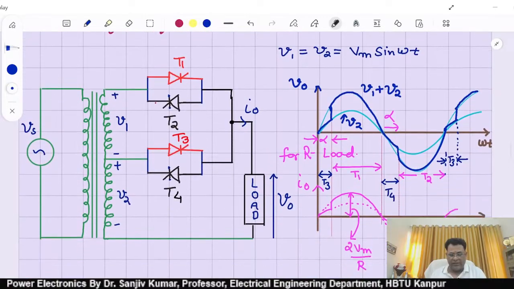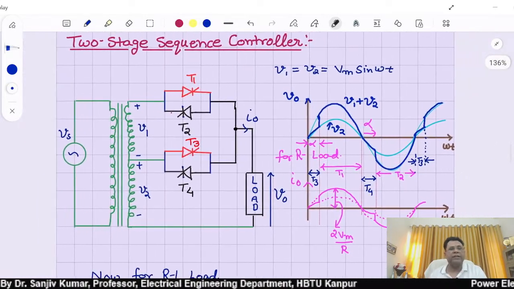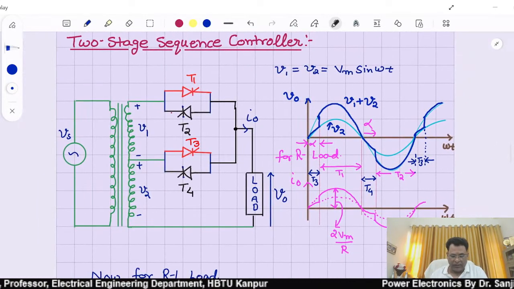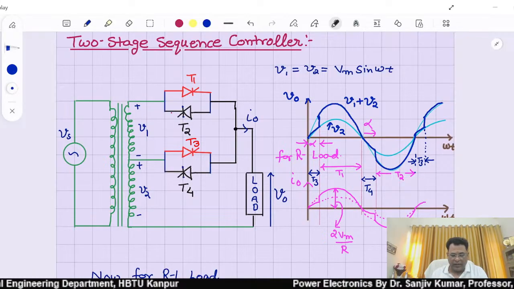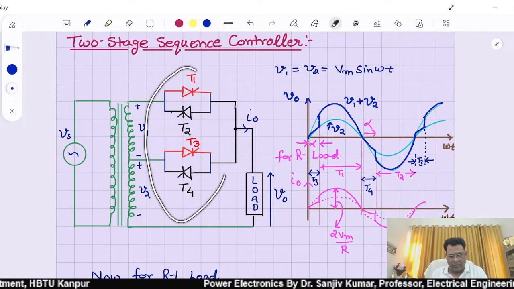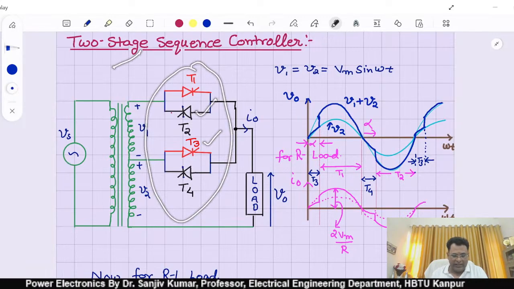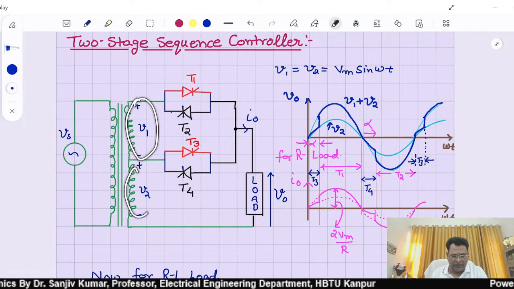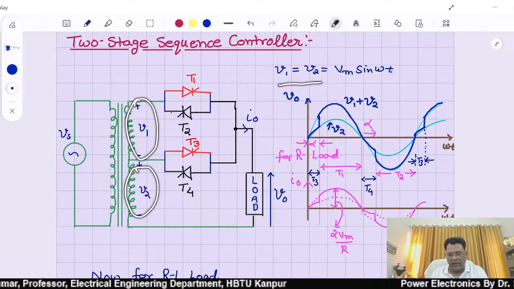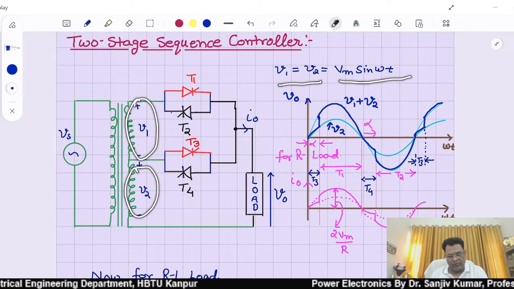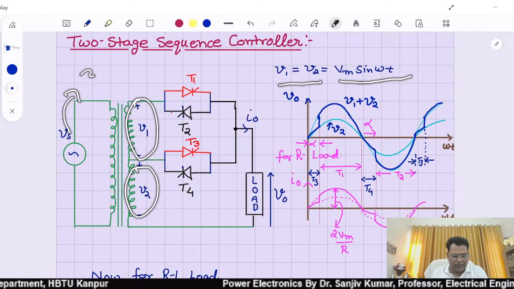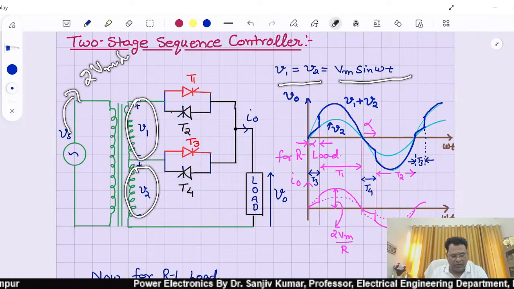Now let us understand the thing with a two-stage sequence controller. As I said, for N stage there are N controllers. So this is the two stage, so there are two AC controllers. Each voltage V1 and V2 are both equal and equal to Vm sine omega t. That means this voltage is 2 Vm sine of omega t.